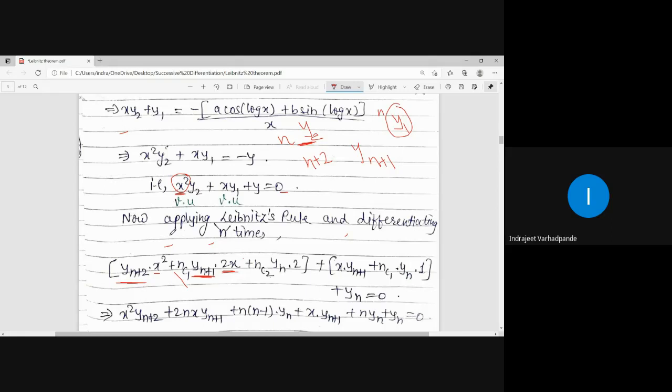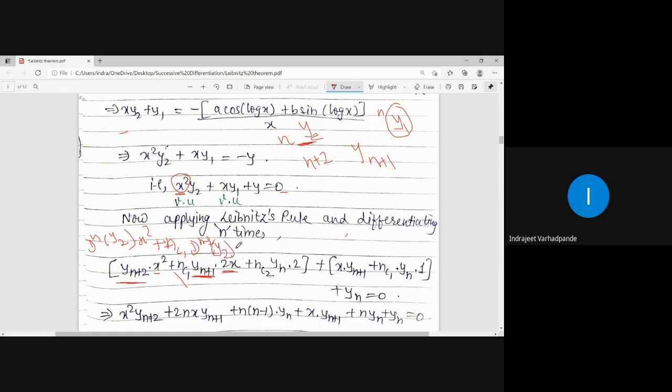Now apply the Leibniz rule. What does the Leibniz rule say? dn of u into v. That means dn of y2 into v means y2 into x square plus nC1 dn minus 1 of u. What is u over here?